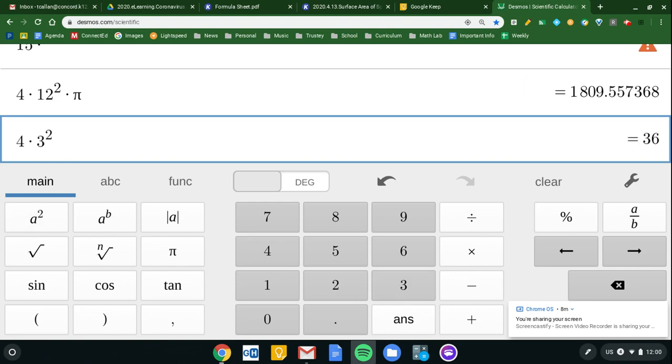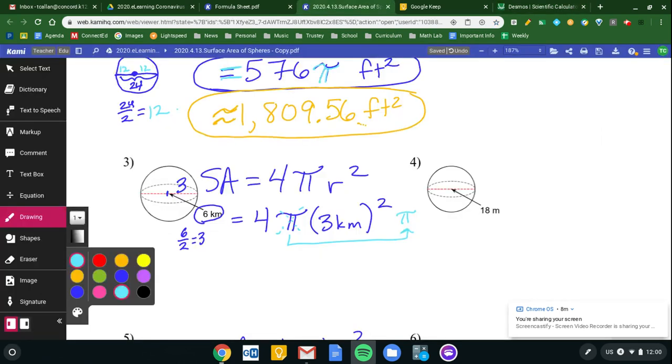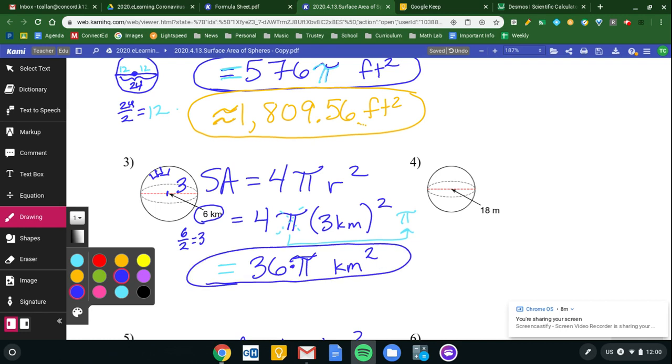And I'd get 36, but don't forget, that is 36 times the pi, whether or not you write the times sign or not. And of course, kilometers times kilometers is square kilometers. How many squares would cover this? Well, it's kilometers, so maybe this is a moon, maybe this is some large object. So that's one answer, 36 times pi kilometers squared.